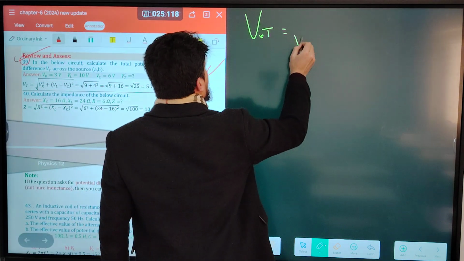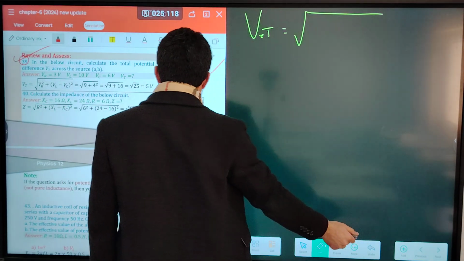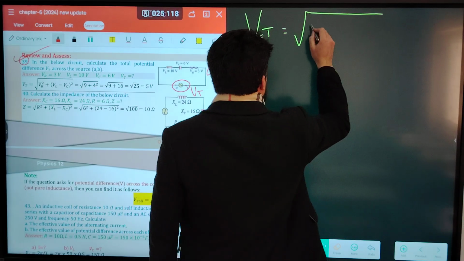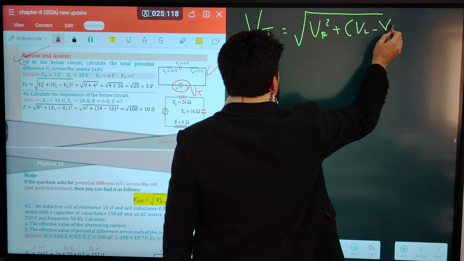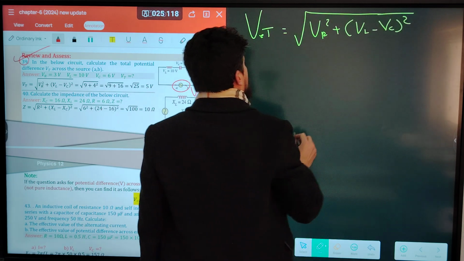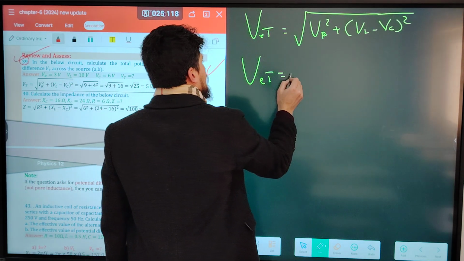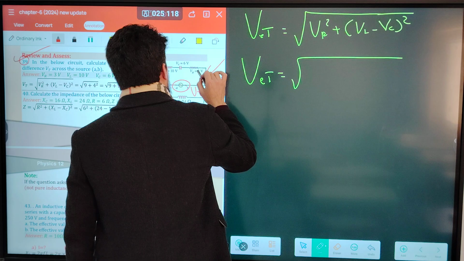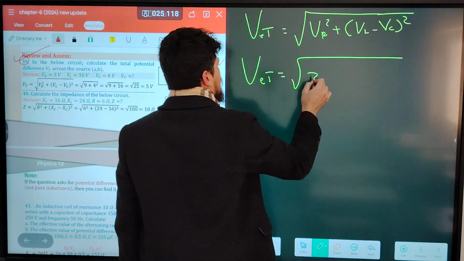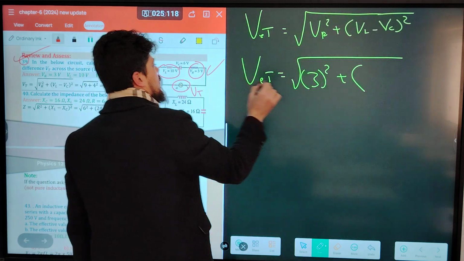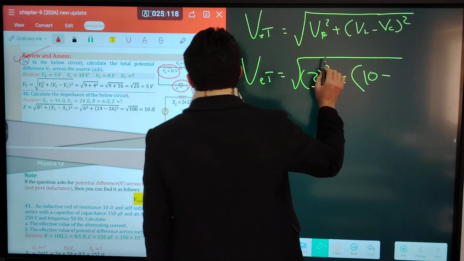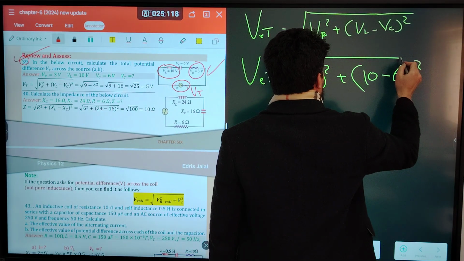V total is equal to what, guys? Is equal to the square root of VR square plus VL minus VC square. Replace. Do we have VR? Yes, was given. 3 volt. VL, 10 volt. VC, 6 volt.